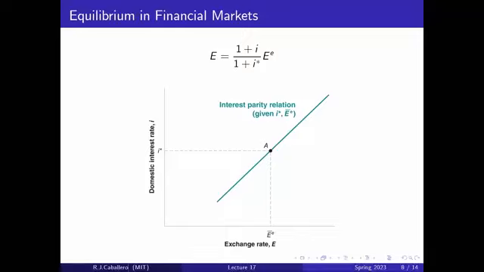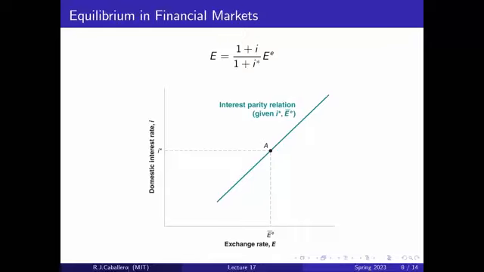Well, the point at which the exchange rate is equal to the expected exchange rate will have to have a higher domestic interest rate. Because if I bring this up and I still want to look at the point in which E is equal to the expected exchange rate, then I have to move I up by the same amount. And so when I star goes up, this curve moves up or to the left. You pick which way you analyze it.